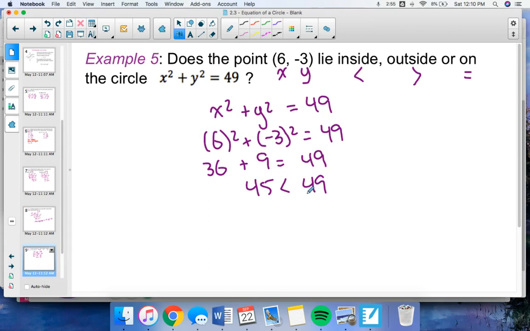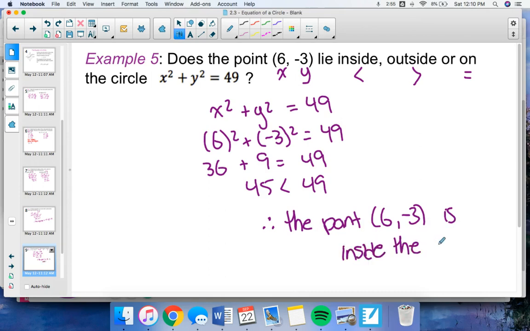If it's bigger than our r squared value, outside. If the same, it's on the circle. So with these questions, make sure you therefore just state your answer. So therefore the point 6, -3 is inside the circle. Okay.